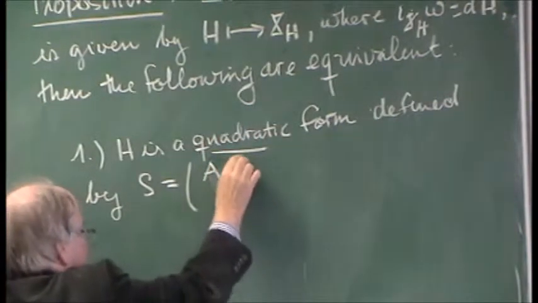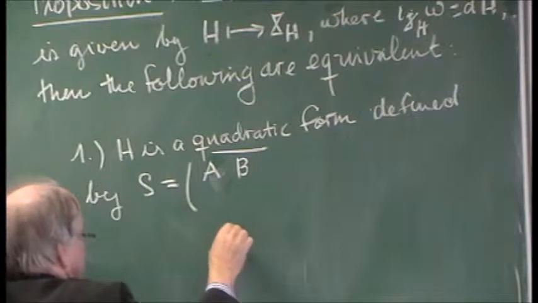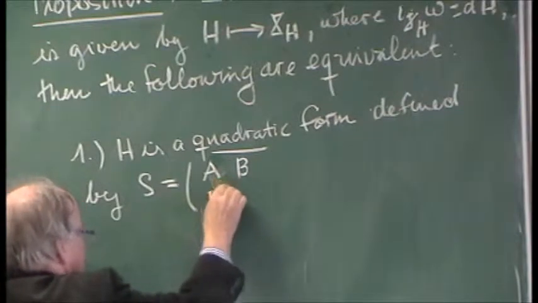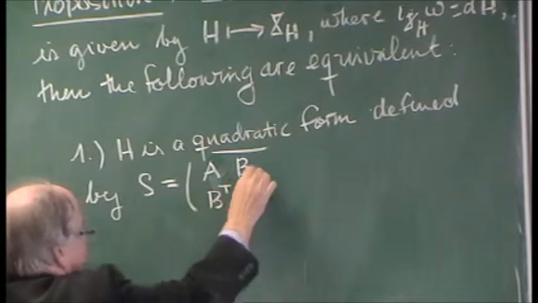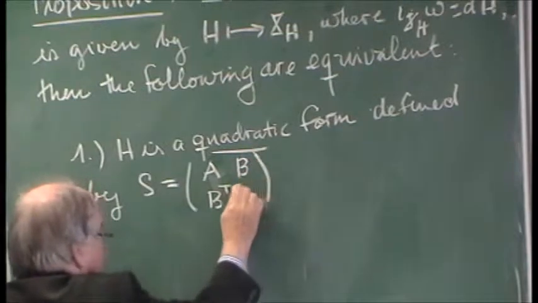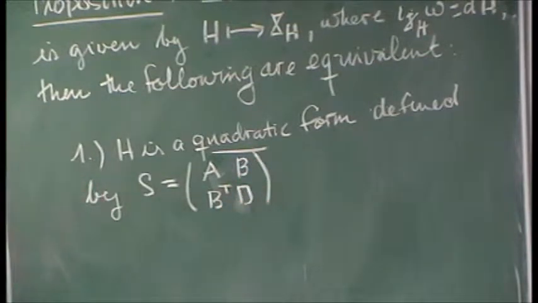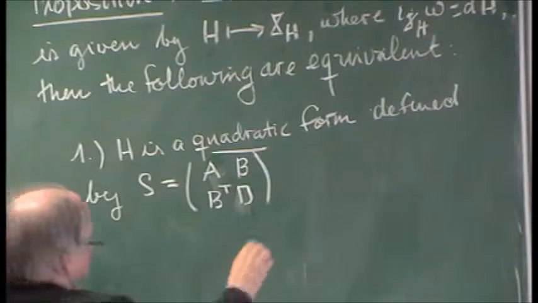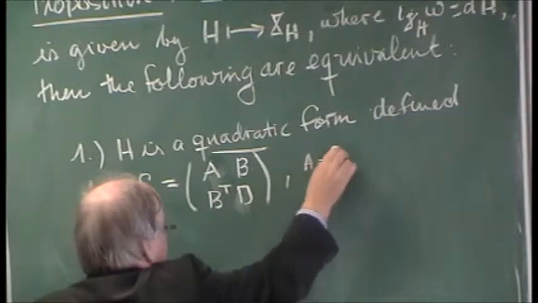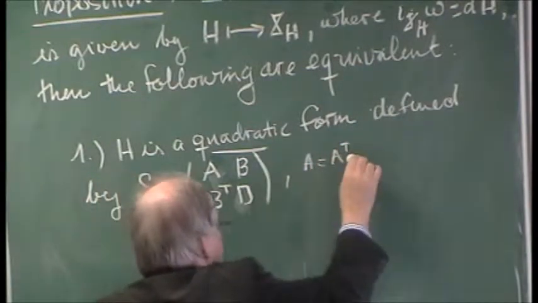A, B, B transpose down below, D, to be consistent, D. With A symmetric, of course, and as well as B and D symmetric.